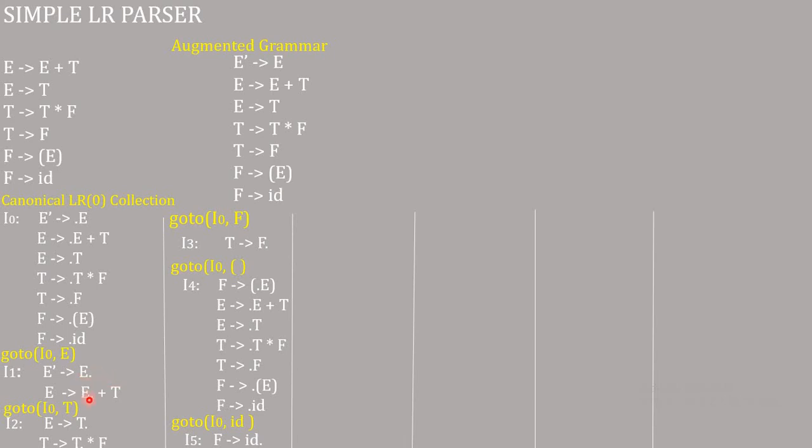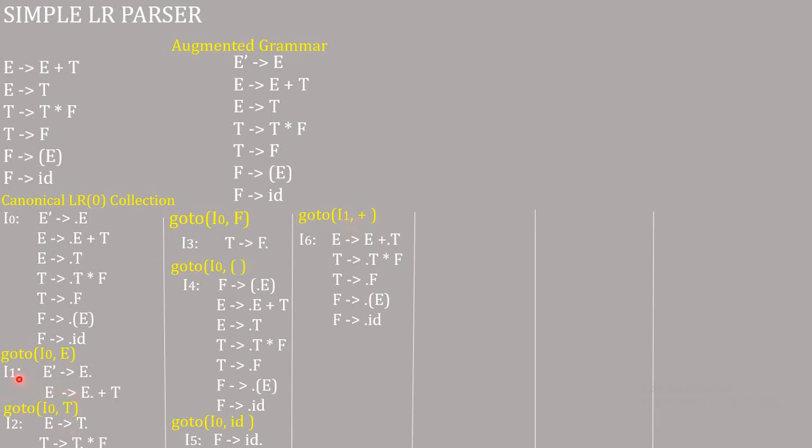Let us consider the second rule, E tends to E dot plus T. Here we can try to shift the dot symbol after the plus. So let us implement the function goto of I1 comma plus. Why are we implementing goto of I1 comma plus?